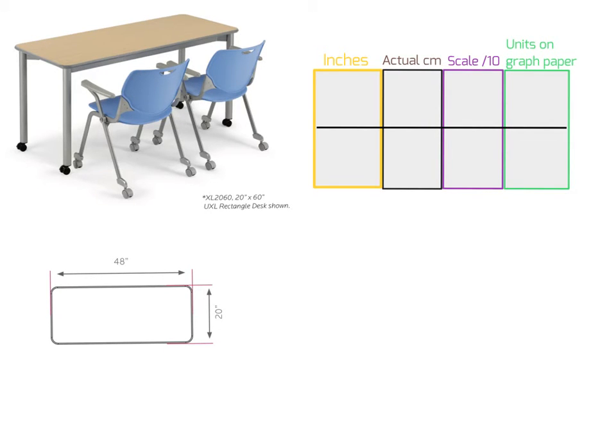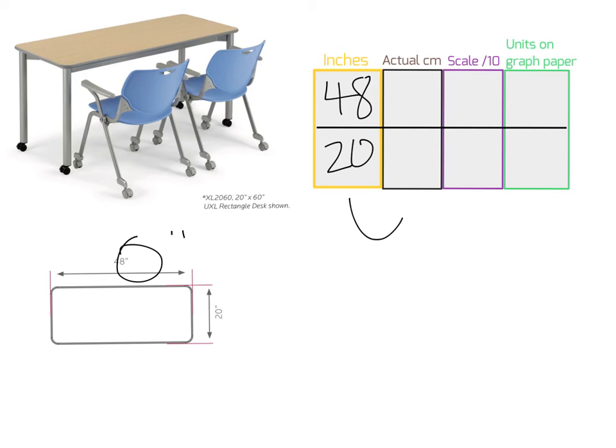This is a desk on wheels that seats 2 students, and from Smith System. And so let's say I wanted to get some of these. I'm not going to go through this one, but I'm just kind of getting you started on that process. This is in inches, and the way I know that is because it's got those 2 little lines. So that means this is 48 inches by 20 inches.